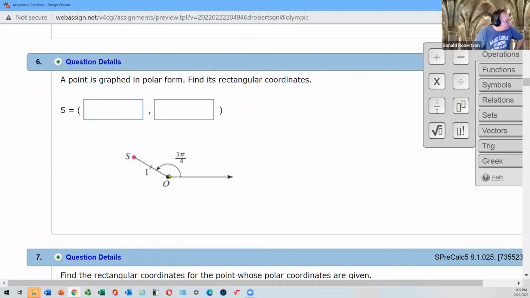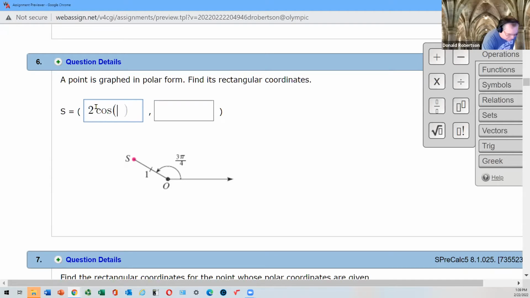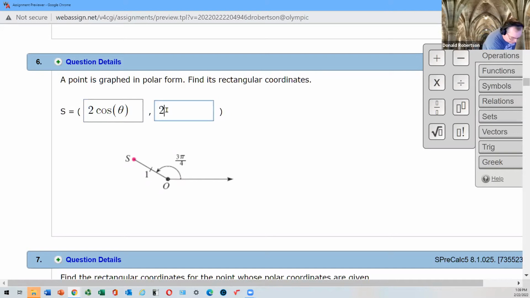Wouldn't R be I think 2? The 1 is 1 mark, I hear. Yep. So definitely go for 2. Now, to get that guy, isn't it going to be 2 cosine theta? And won't this one be 2 sine theta?